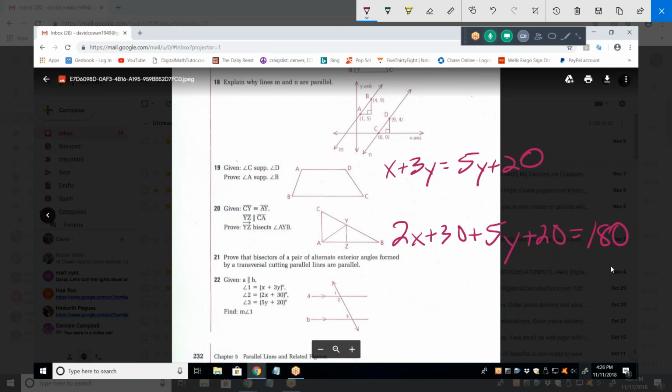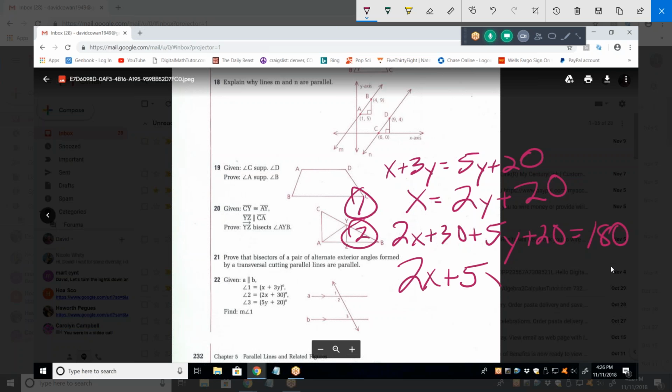I end up with x equals 2y plus 20 in the top. That's equation number 1. In other words, I'm going to have a system of equations here. And in the bottom, I get 2x plus 5y equals 130.